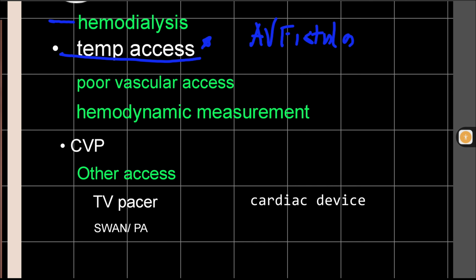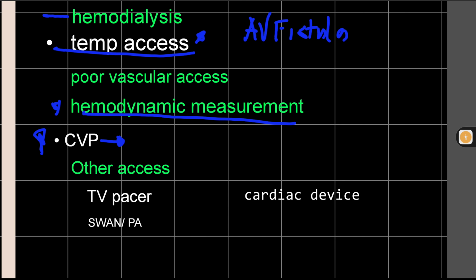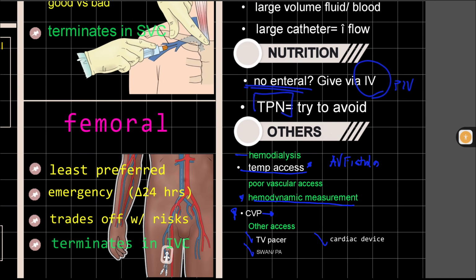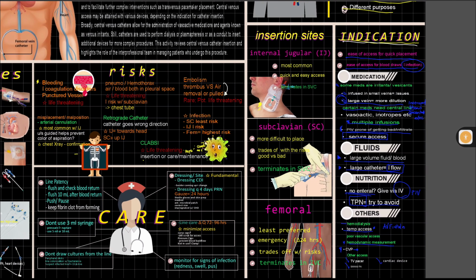Now, if your doctor wants to measure the hemodynamic status of your patient, that's one of the indications. They can insert a CVP, central venous pressure. If they want to get the central venous pressure, a central line is definitely indicated. There's other access, for example, TV pacer, inserting a Swan, and cardiac devices. Once again, we just talked about the indications for your central line insertion.